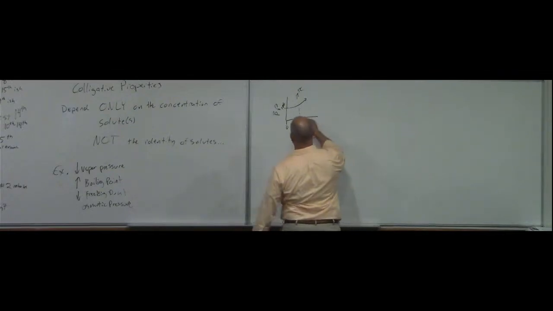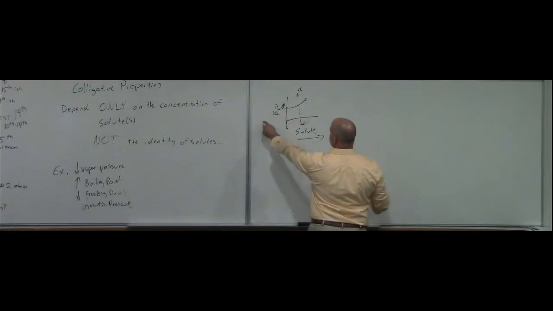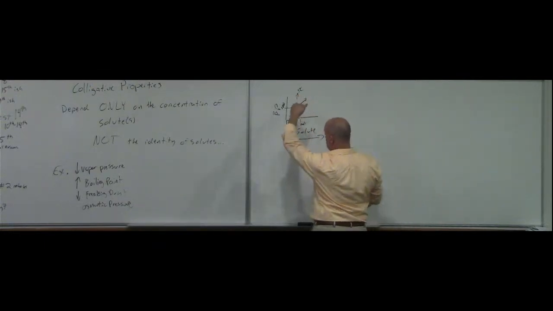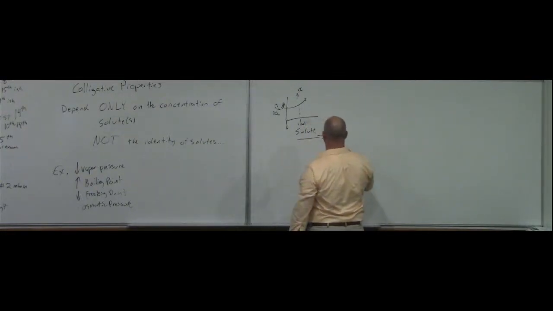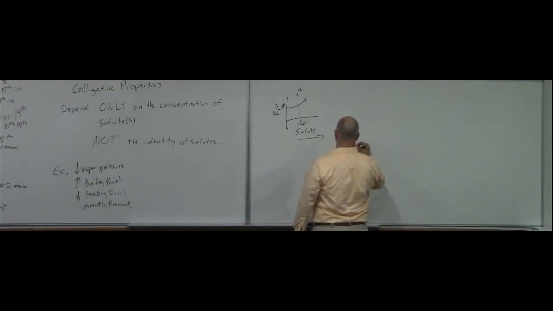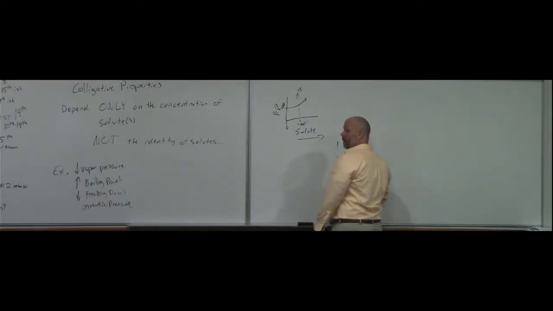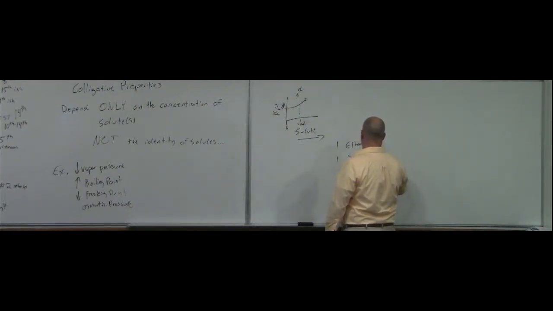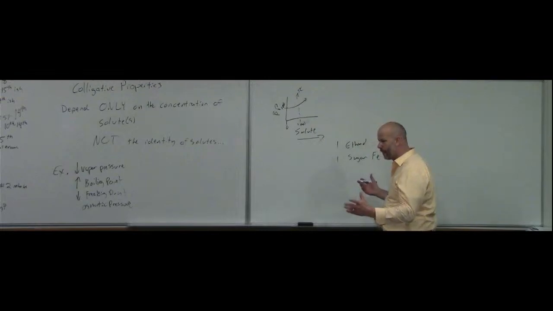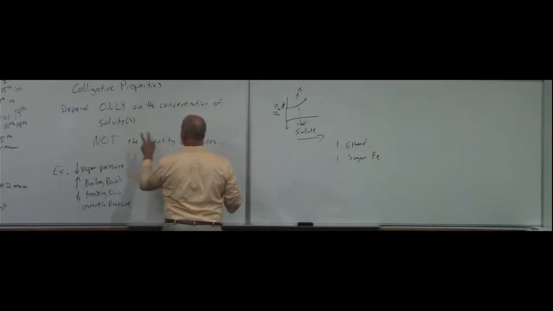Let's do 1 mole, okay? It's saying that I can raise that boiling point, the minimum temperature required to make it boil, by 5 degrees, whether I add 1 mole of ethanol, or 1 mole of sugar, or 1 mole of iron, or 1 mole of anything, okay? Because it depends only on the concentration, not the identity.